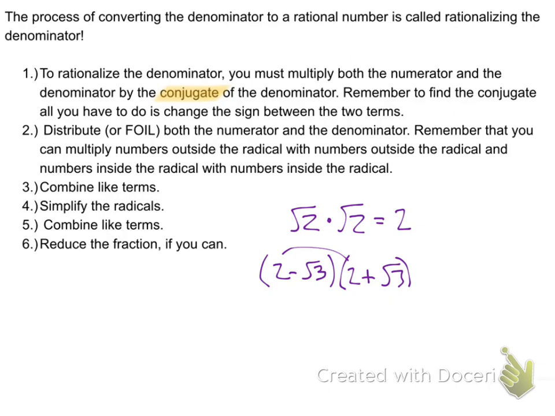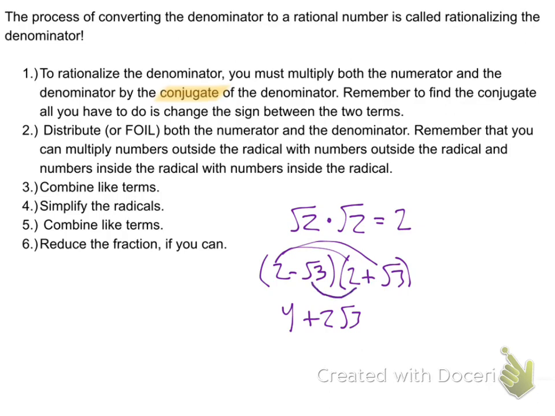Okay? Why? Let's take a look. What's 2 times 2? Because now, look at number 2. Step 2 says distribute, or the 4-letter F word, FOIL, both the numerator and the denominator if needed. Okay? So, 2 times 2 is 4, 2 times square root of 3 is a positive 2 square root of 3.